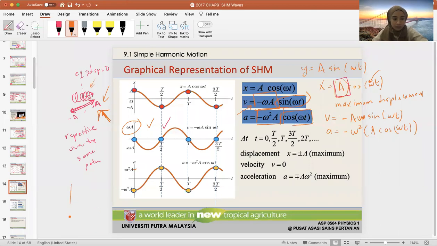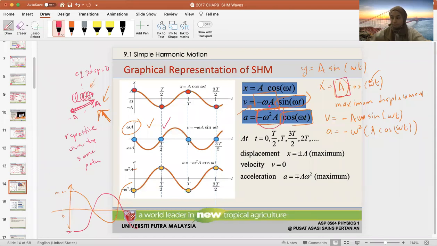Kalau cosine biasa, cosine akan start from the maximum. But since this is a negative, dia akan terbalik. So it starts from negative. Apa amplitude maximum dia? Negative omega squared A. How did I know this? From the equation.